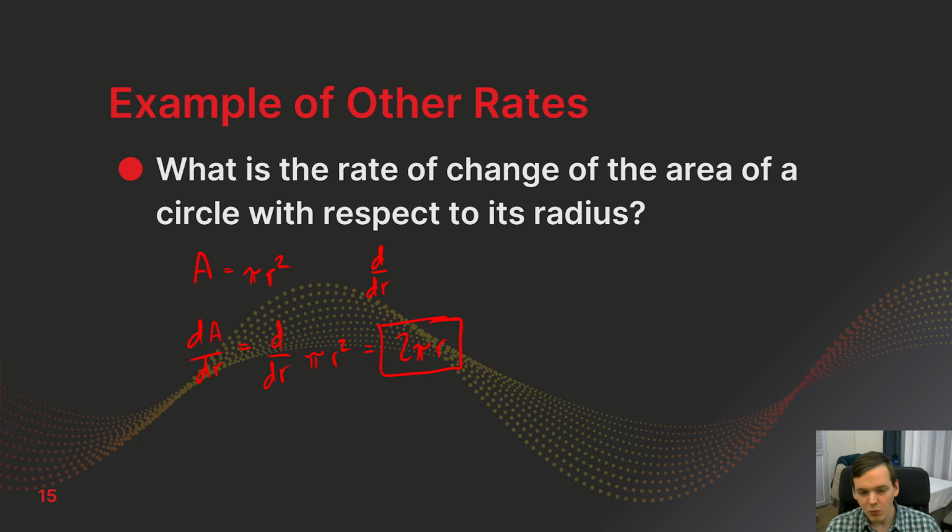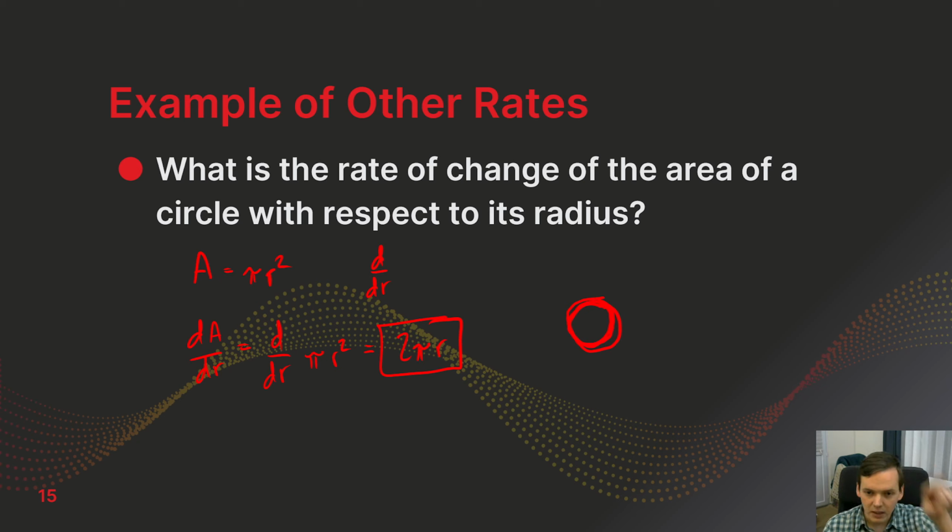And preempting some stuff that we'll talk about later, this makes sense if you think about it, because if I want to make the radius of a circle ever so slightly bigger, what am I going to do? I'm basically just going to add a very thin line right around the outside edge. And how much area does that have?